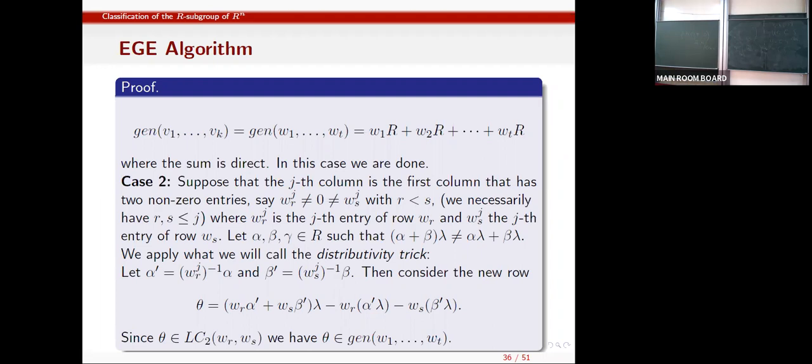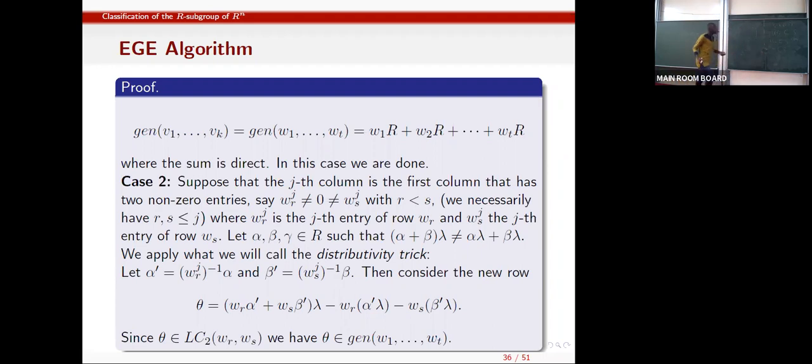To do that, we need to first assume that this condition should hold. That means that we are working in a proper near field, which is not a field. If it is a field, then this condition should hold. So we assume that this does not hold. Now, we want to create a new row from those two rows, WR and WS.